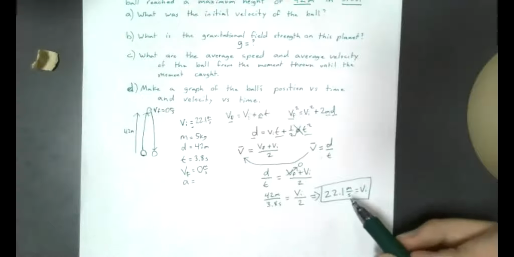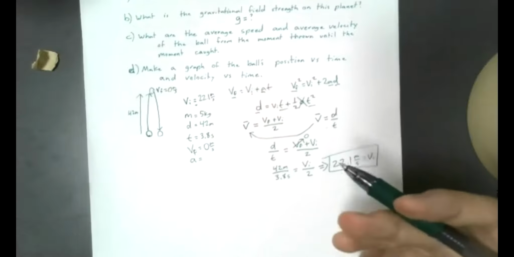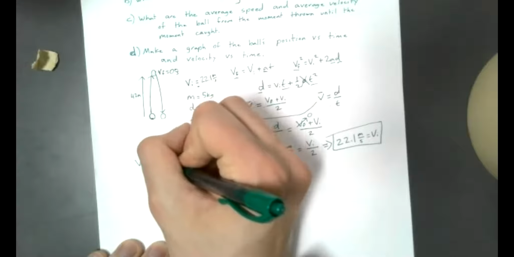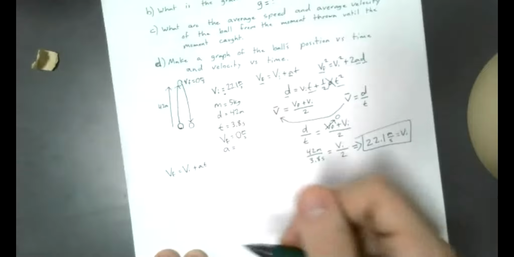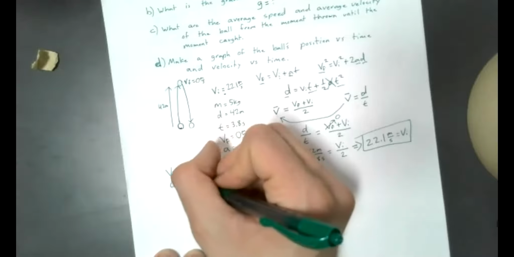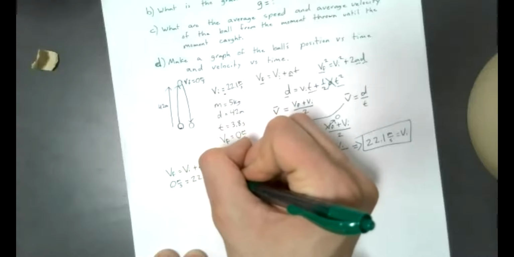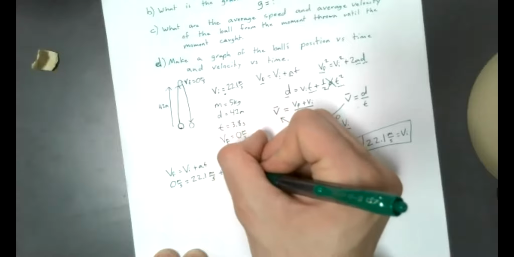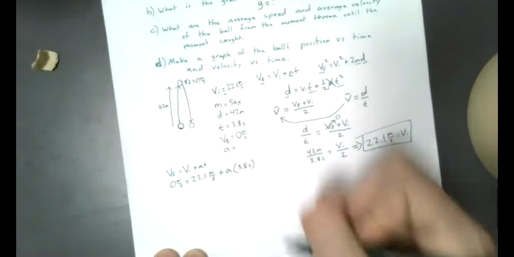Now that we have VI, we could use any of the equations from before where we were only missing A, and we can solve for A. I'm going to use VF equals VI plus AT because I think that's the easiest one. VF again was 0 meters per second, which is equal to the VI that I had, 22.1 meters per second, and then I'm going to add A times the time, which was 3.8 seconds.